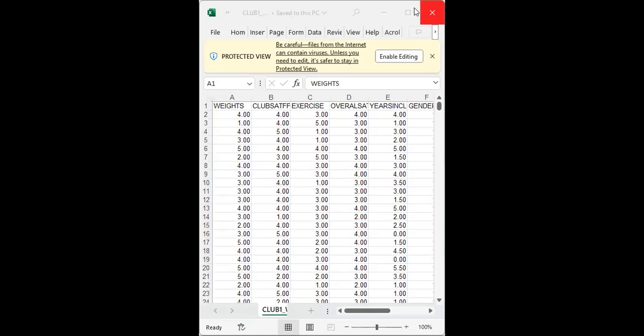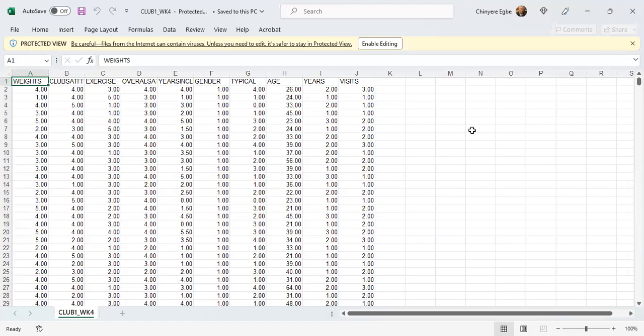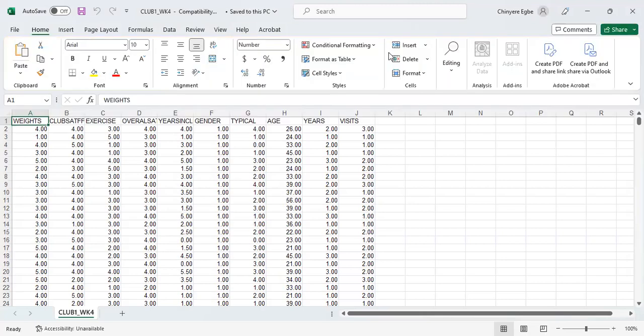All right. So you can see my screen. I see it. Okay. So this is the data. Here is gender.